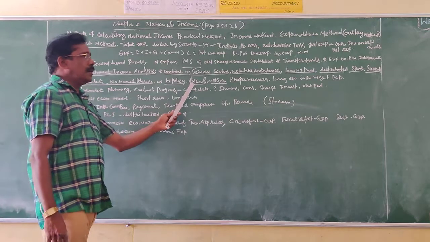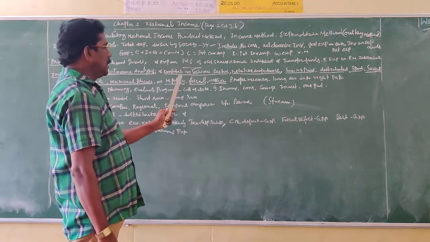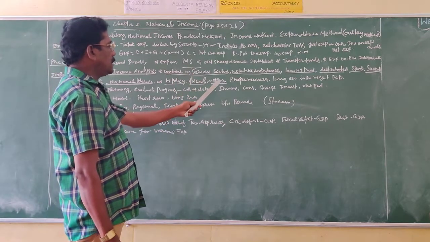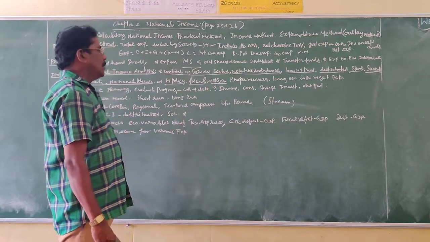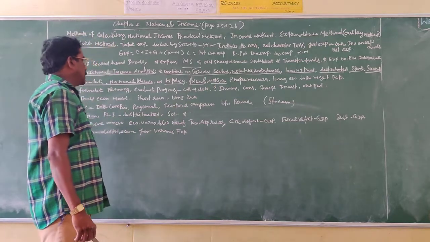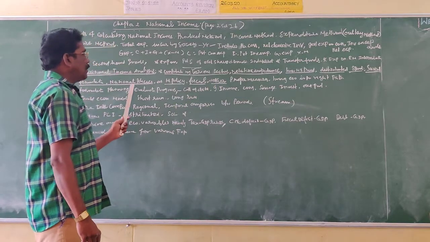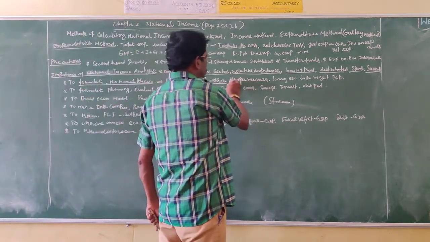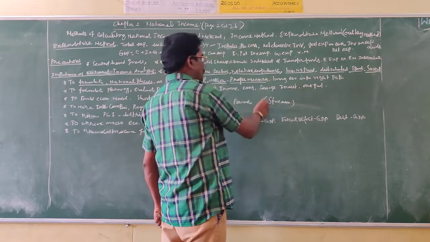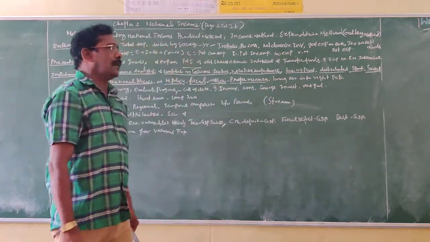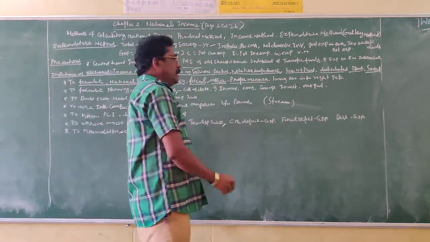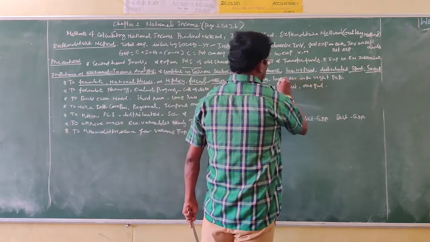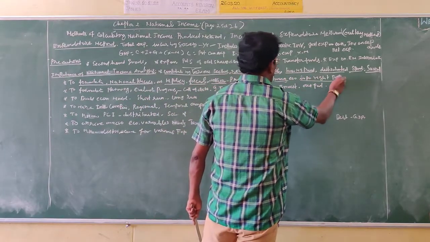Fiscal policy means regarding the taxes. Apart from these two, other policies are also prepared by the government. So we have to take proper measures to see whether the country is going on the right path or not, and bring the economy onto the right path.